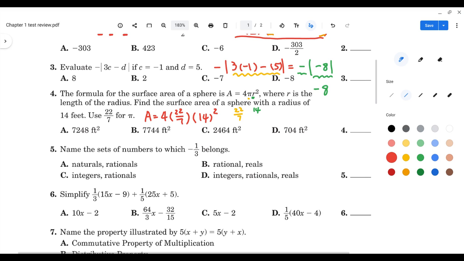Name the sets of numbers to which negative 1/3 belongs. So it's a negative number, and it's not a whole number. It's a rational number. So if it's not a whole number, it's not an integer. Okay? So integers are wrong.